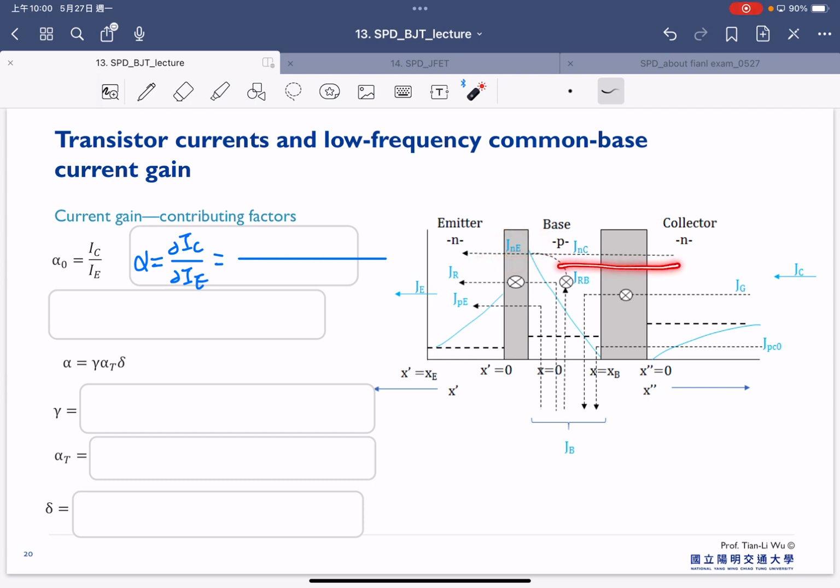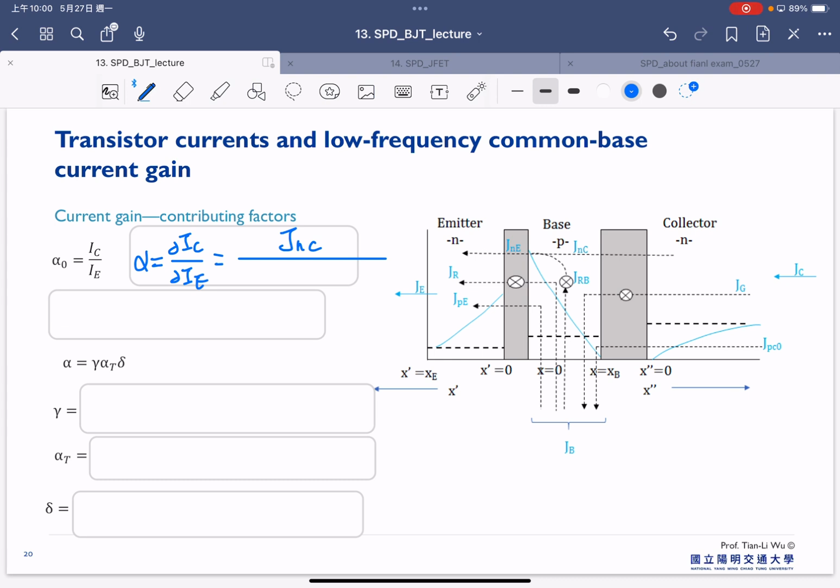Once they reach the collector side, that becomes JNC. This is JNC here. But now, what would be the emitter current?